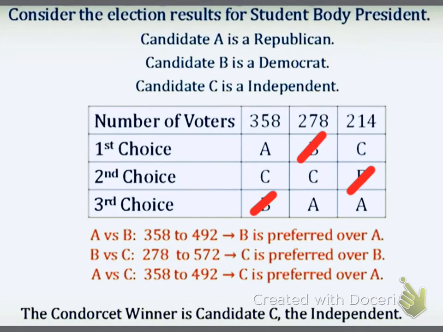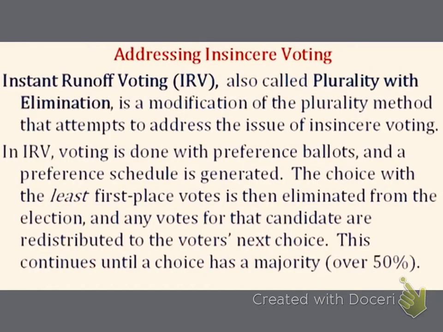This helps us address insincere voting. If we want to mitigate people voting for their second choice to skew the election, what we can do is an instant runoff. This is also called plurality with elimination. It's a modification of the plurality method that attempts to address the issue of insincere voting.